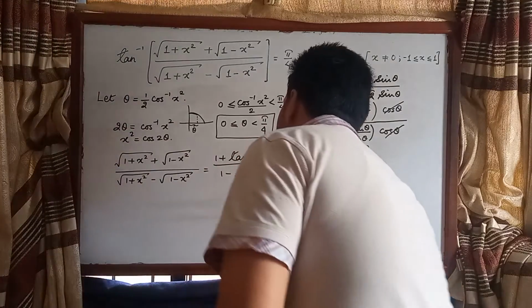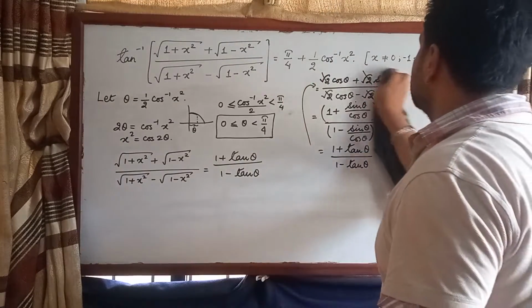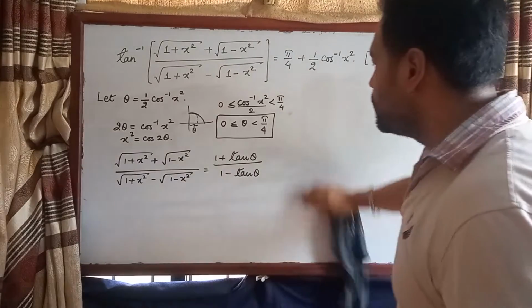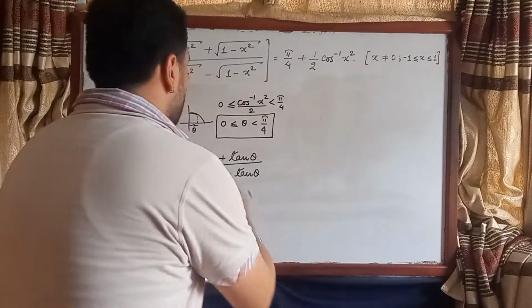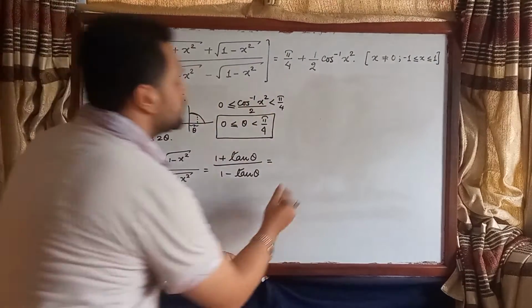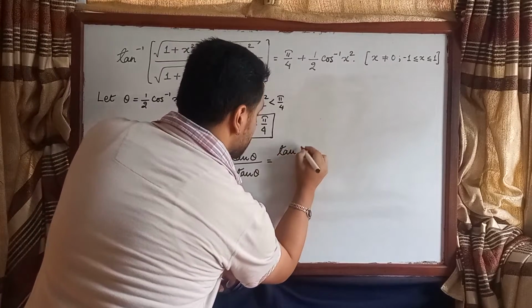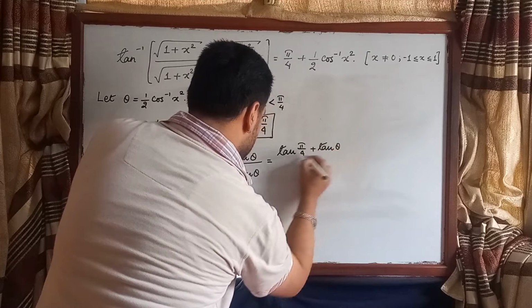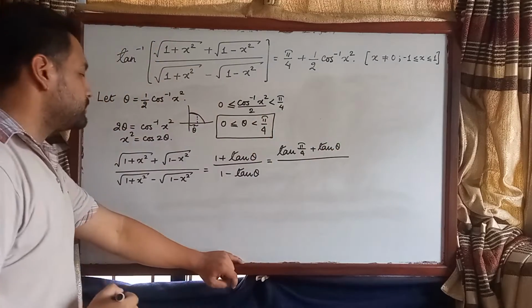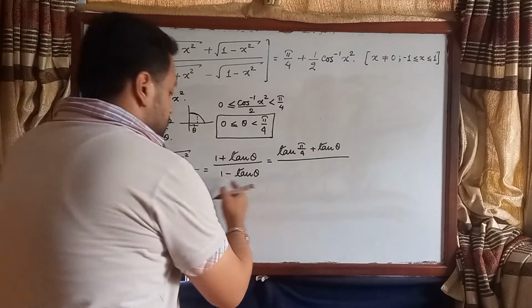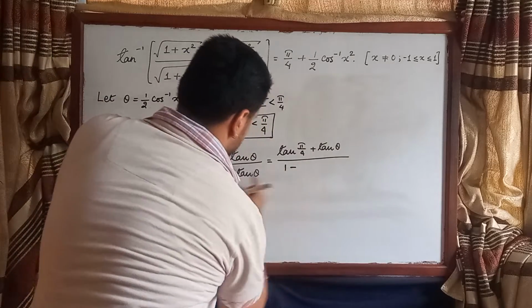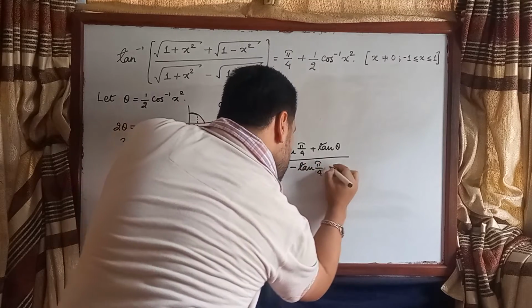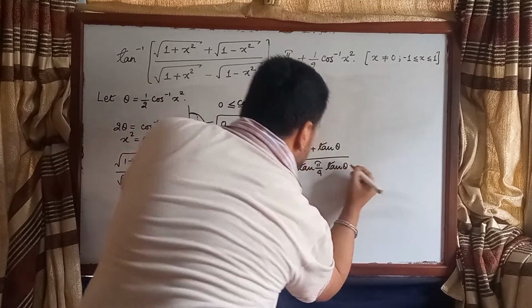Now 1 is equal to tan of pi over 4, so we get tan of pi over 4 plus tan of theta over 1 minus tan pi over 4 times tan theta.